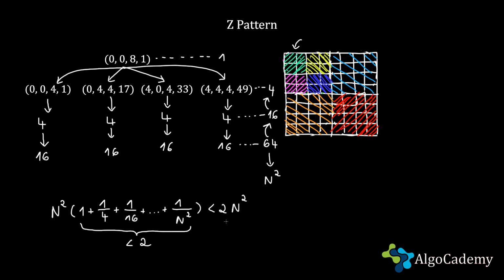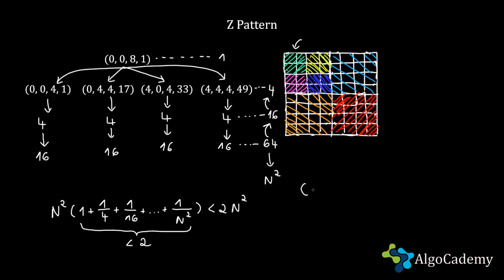So if we have a total of function calls which is less than 2 crossed n squared, and for each function call we know that it executes in constant time, this means that our final time complexity is n squared, because we drop the constant.